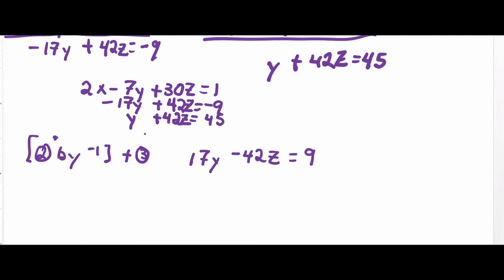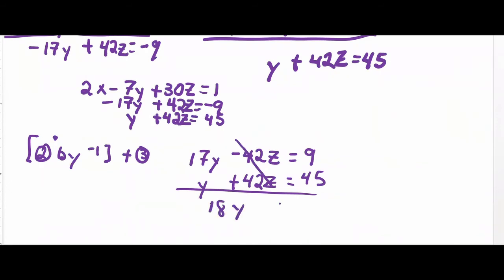Again, don't forget to multiply all terms of that equation on both sides by that same constant. And we're going to add that to y plus 42z equals 45. We're going to get the 42z's to cancel, leaving us with 18y equals 54. 54 is a multiple of 18. Dividing both sides by 18, we get that y is equal to 3.